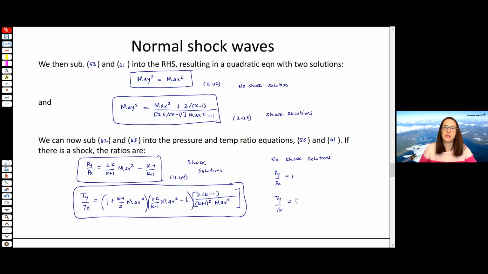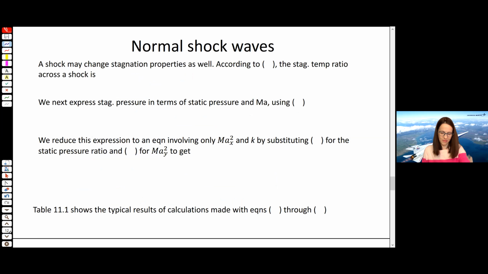There's no discontinuity in the pressure and the temperature if there's no shock. All right, we've got one more page, and then we'll look at an example. Does anybody have any questions so far?